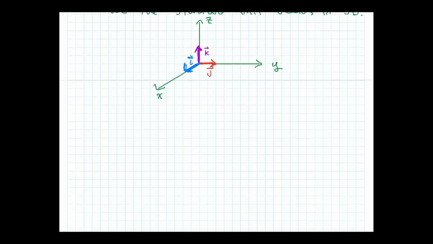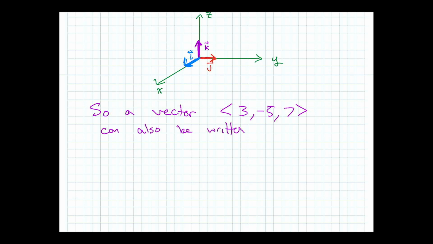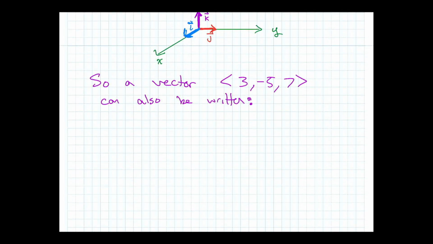Standard unit vectors. And so what you can do with that is, well, first of all, you can write your vectors in terms of the standard unit vectors. So a vector like this, for example, let's say just like 3, -5, 7, right? Can also be written as, let's call it u or something.